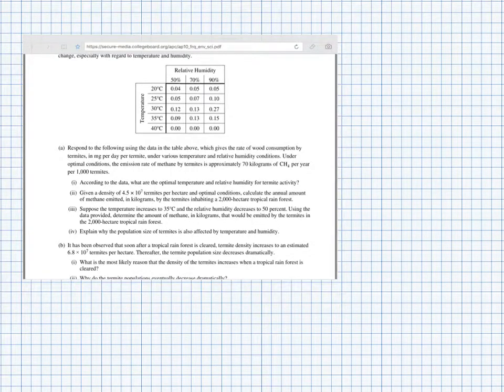What is the most likely reason that the density of termites increases when a tropical rainforest is cleared? And so you have to connect that to their population habits. And why would any population have a sharp increase when the ecosystem is disrupted? And then number 2, why do the termite populations eventually decrease dramatically? So what would cause this kind of change in a population?